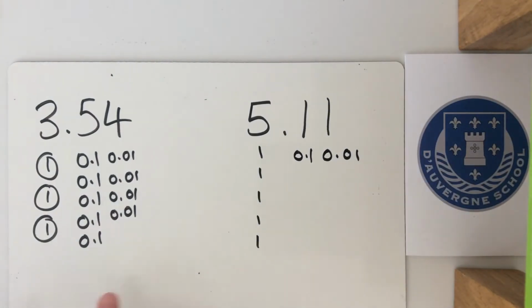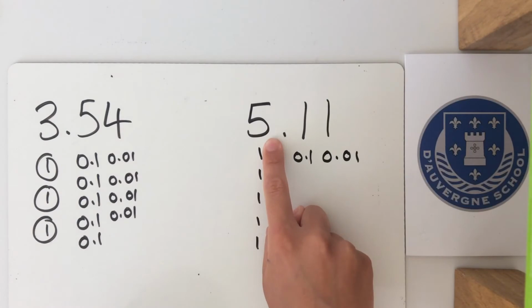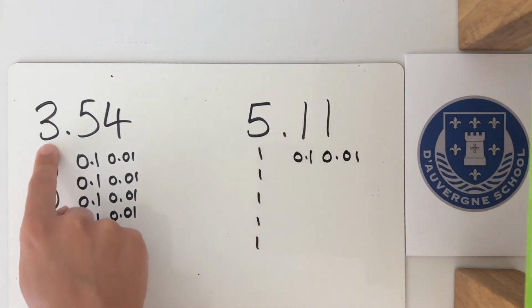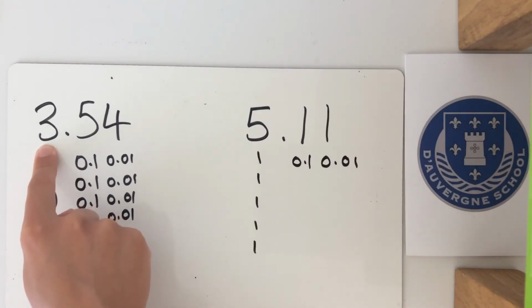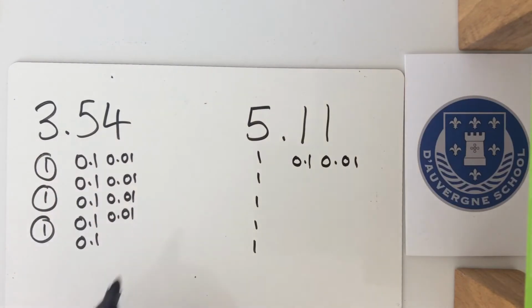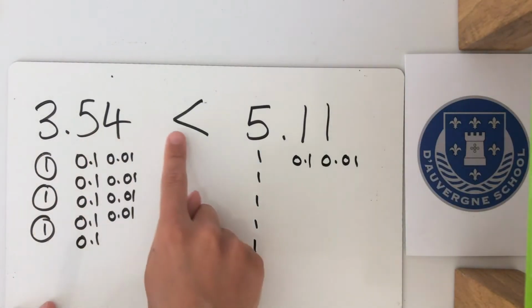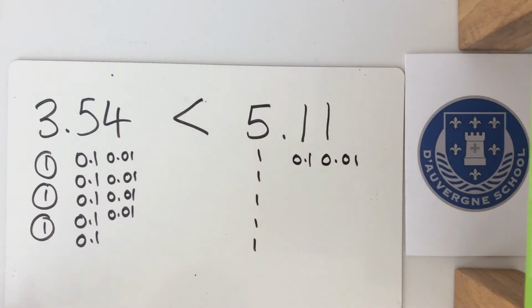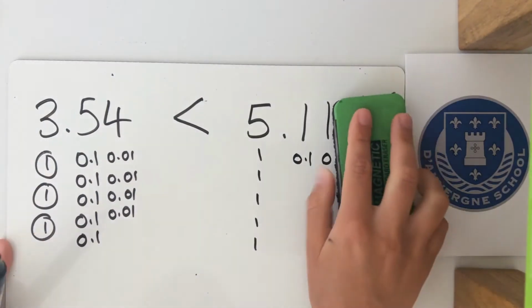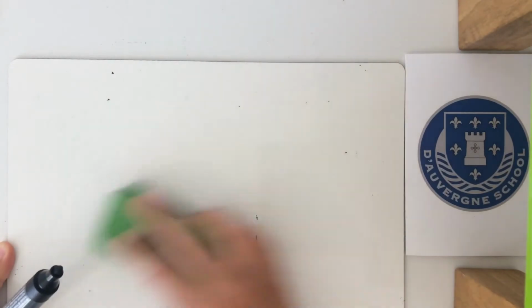Okay, so which one is greater, and how do you know? So 5.11 is greater because it has 5 ones, and this number has 3 ones. Okay, so my crocodile eats the bigger number. 3.54 is less than 5.11. Let's have another go.